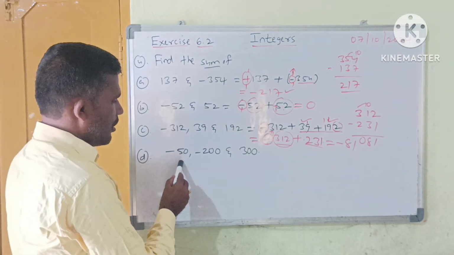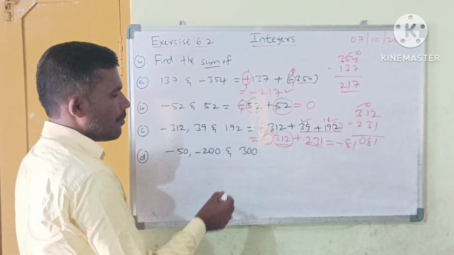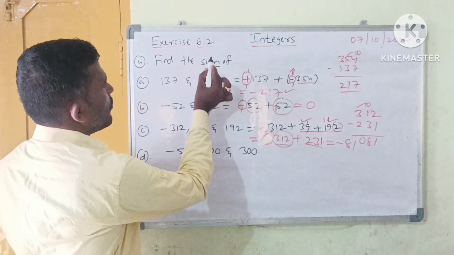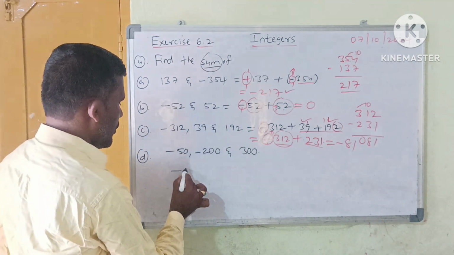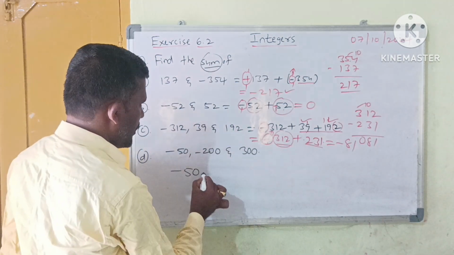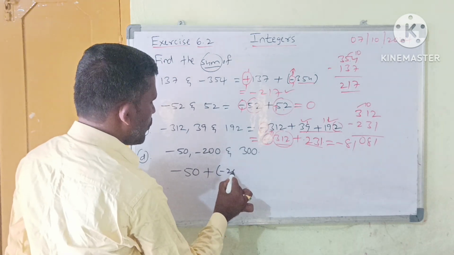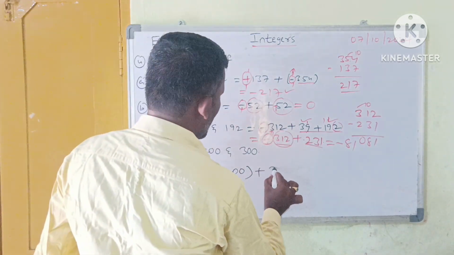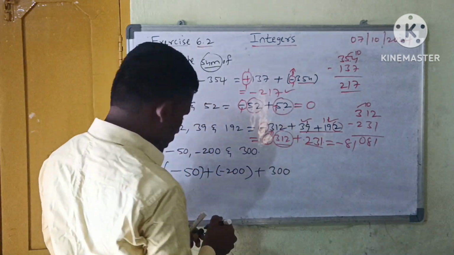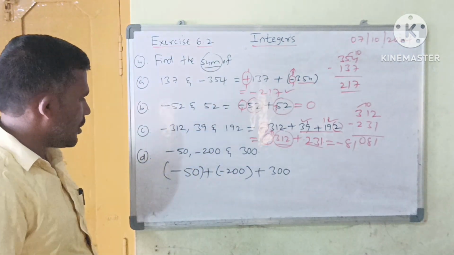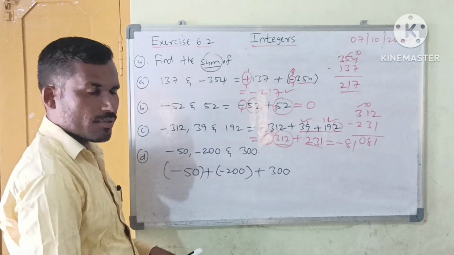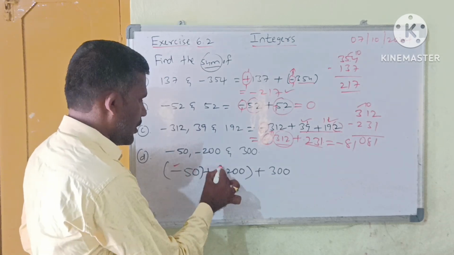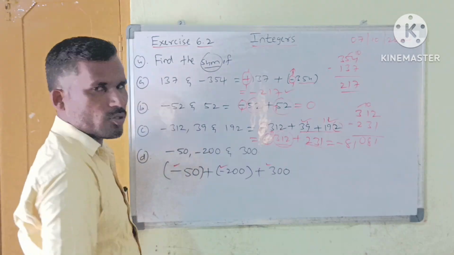minus 50, minus 200 plus 300. What do we have to do? Sum only. Minus 50, minus 200 and 300. Among these, two are negative integers and one is positive.